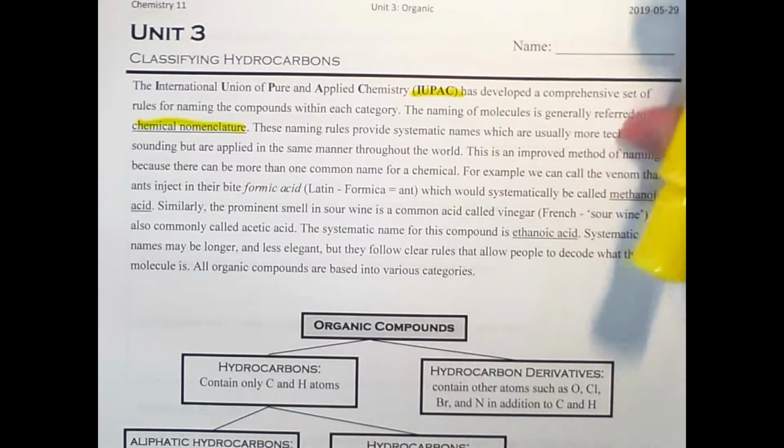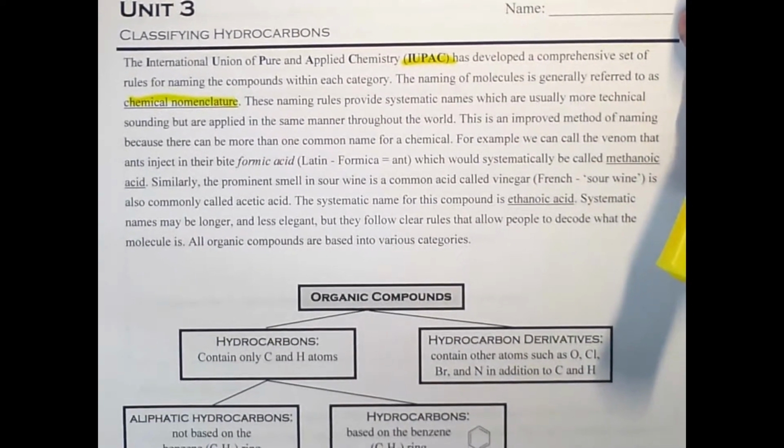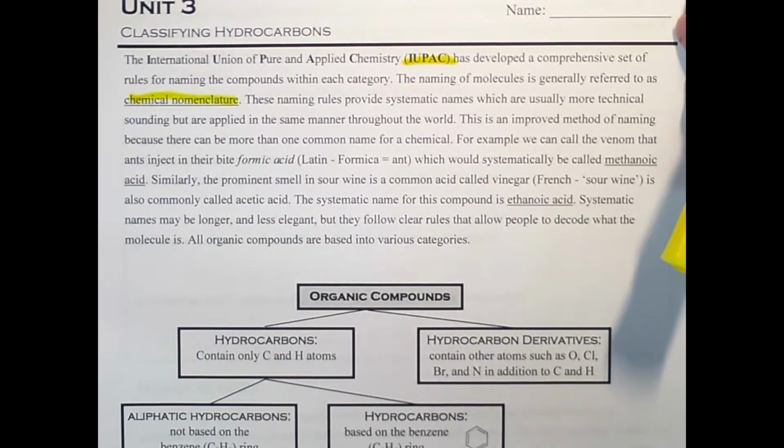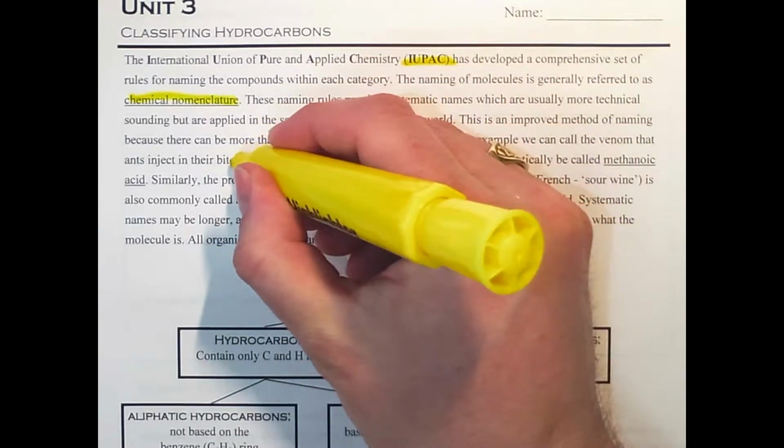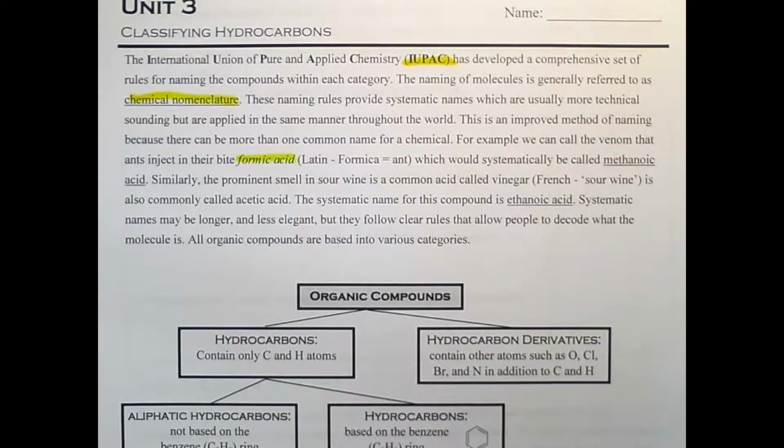So the reason for this is that without IUPAC names, we end up using common names. A really simple example of a common name is formic acid. Now, formic acid, most people would know what it is, especially if you've been exposed to chemistry.